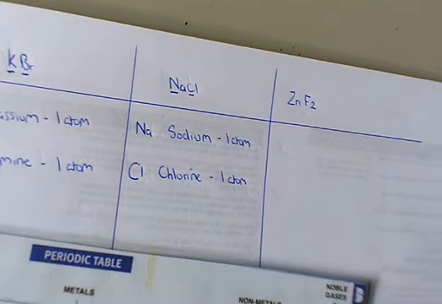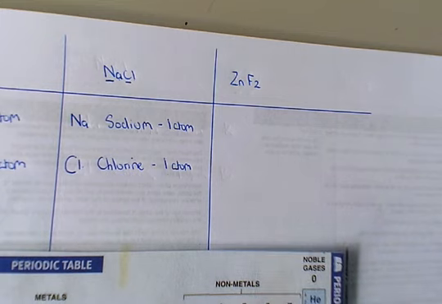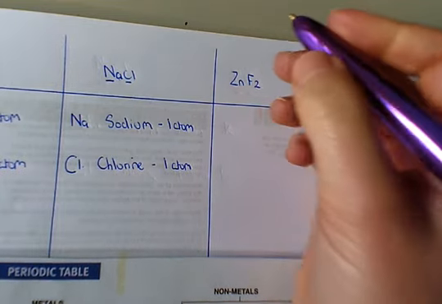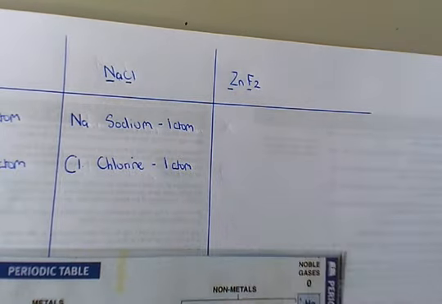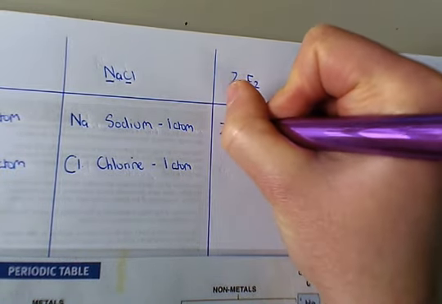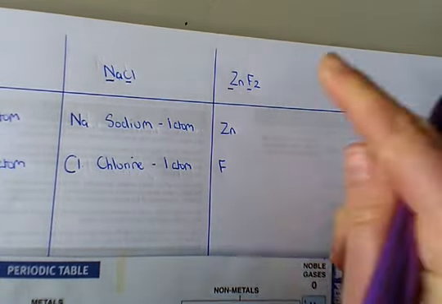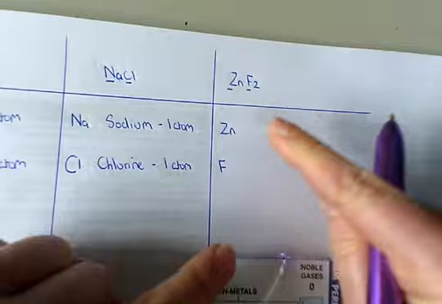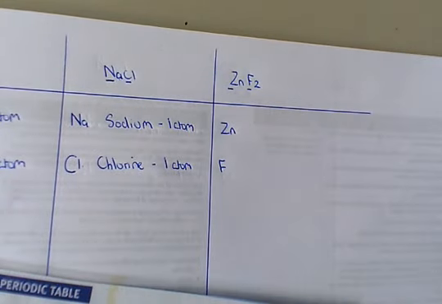Then the last one is slightly different, and I'm sure you've spotted it already, but let's just go back to our first step. So we want to underline our capital letters. So I have a capital Z and a lowercase n, and then I have a capital F. So I have my two capital letters, and now I have two individual elements within this formula.